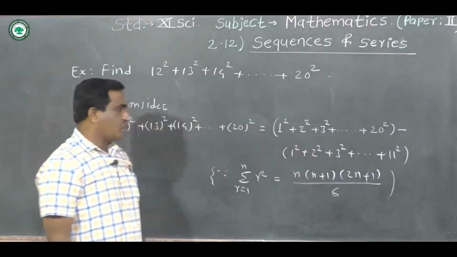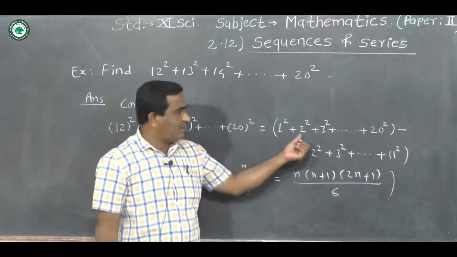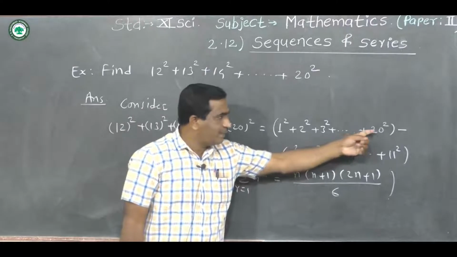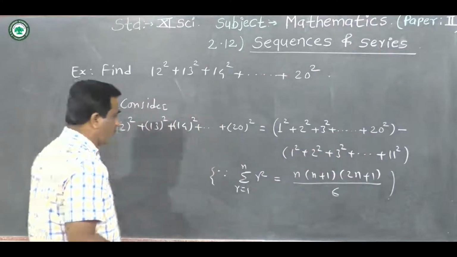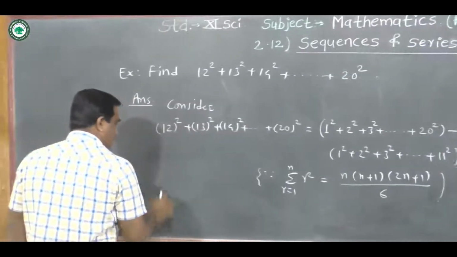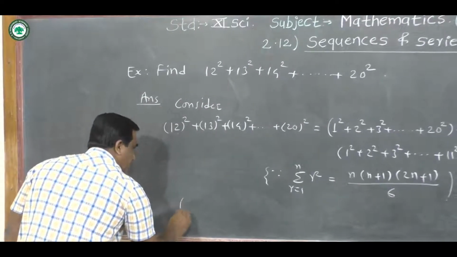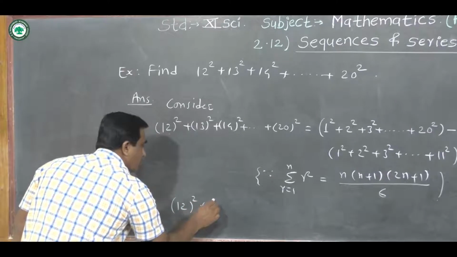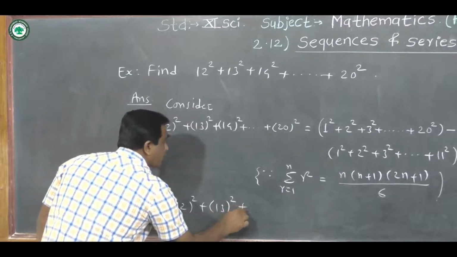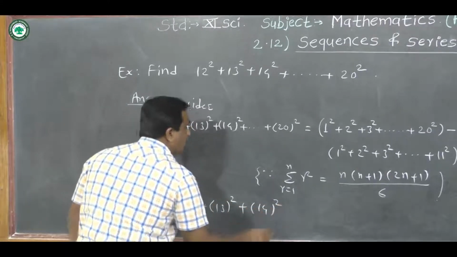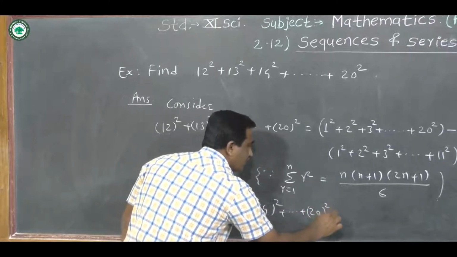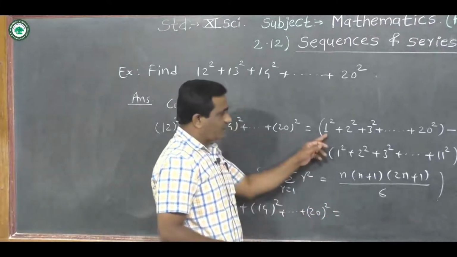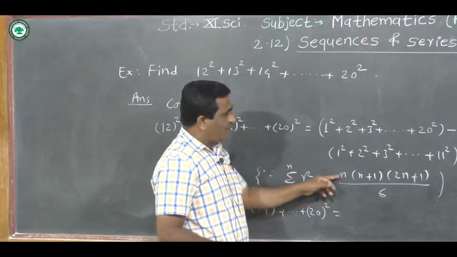We have to use this formula here, but in first bracket value of n is 20 and in second bracket value of n is 11. Therefore, using this result we can write the value of this sum 12 square plus 13 square plus 14 square plus so on 20 square is equal to, here we have to write this formula, but value of n is 20.